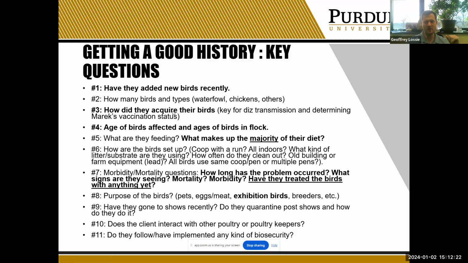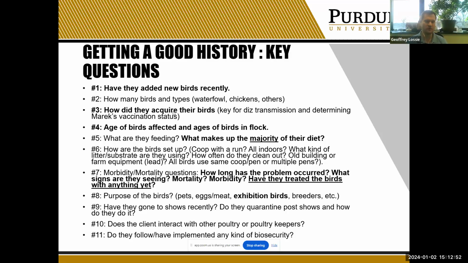The reason, at least in my experience, that it's so rampant is that most of your birds, if not all, depending on the store, are coming from large agricultural big box stores. And these large agricultural stores do not provide birds that are vaccinated for Marek's.